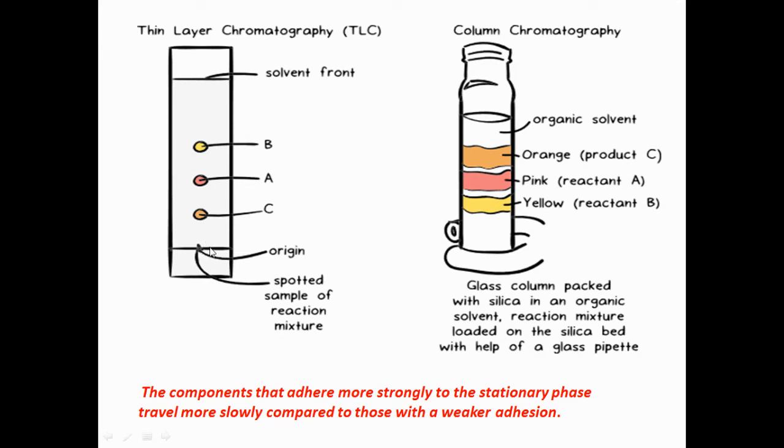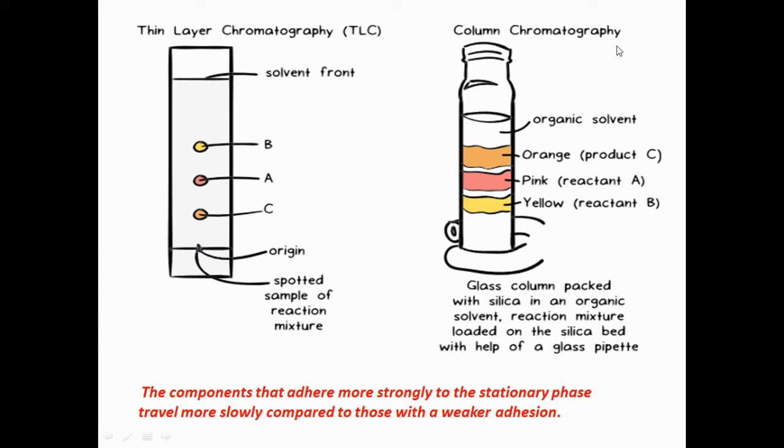So what we can conclude is component C has more affinity towards the stationary phase. When the affinity, or the adhesion towards the stationary phase, is more, it is strongly bound to the stationary phase. That is the reason why it is traveling very slowly.